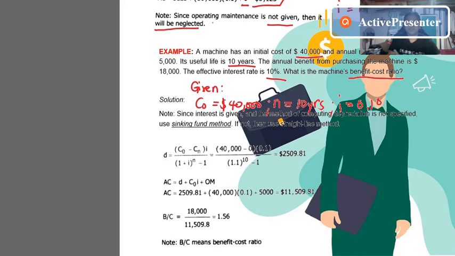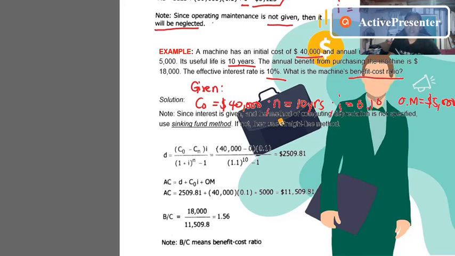It also gives the annual maintenance cost of 5,000, so our OM is 5,000. First, we need to solve for our depreciation.